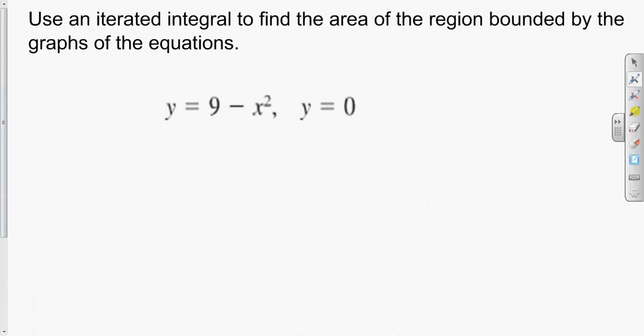Let's go to this one. Use an iterated integral to find the area of the region bounded by the graphs of the equations. For these type problems, you need to determine the region.